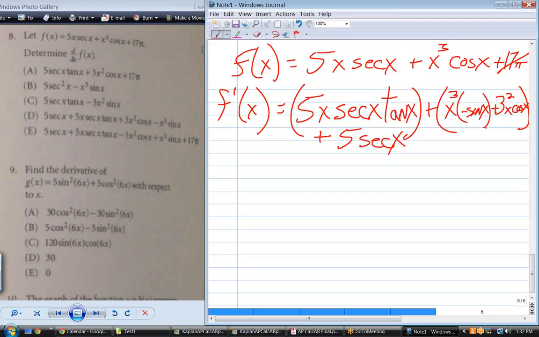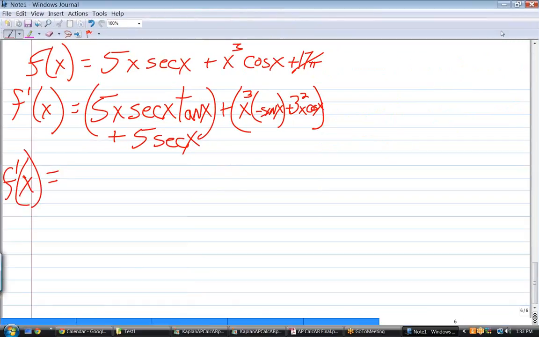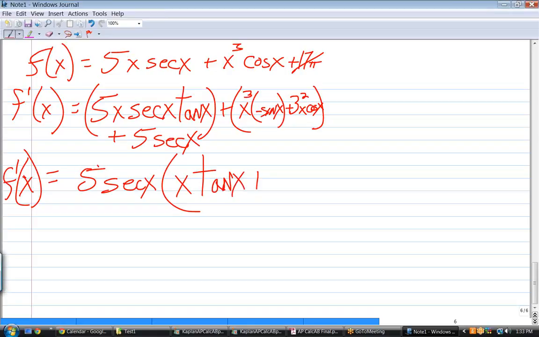All right. So now, if we try to put all that together and see if I can simplify it. Let's see. I can factor out a 5 secant x from the first part. I haven't even looked at the answers yet to see whether they're factored or not, but I automatically factor, just because that's usually the way they present their answers.